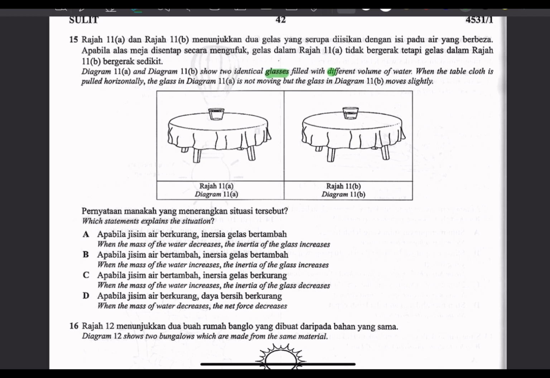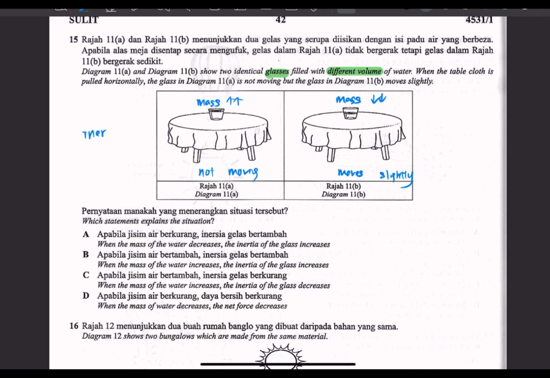Okay, the diagram shows two identical glasses filled with different volumes of water. A is not moving and B moves slightly. Okay, we observe the volume of the water. The glass is almost full over here, so the mass is greater.